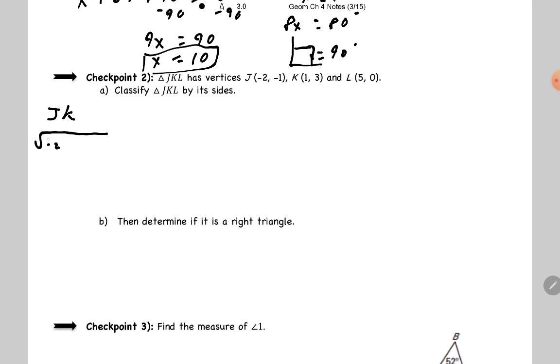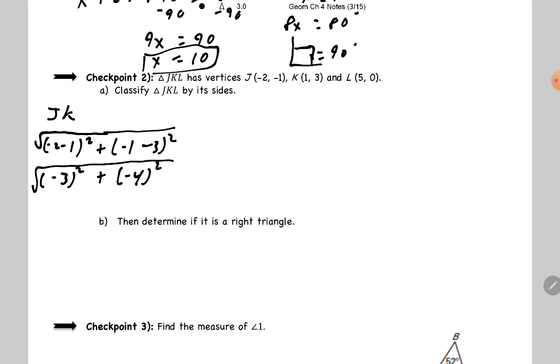So negative 2 minus 1 squared plus negative 1 minus 3 squared. So we get negative 3 squared plus negative 4 squared. Nine plus 16 is the square root of 25. What times itself is 25, and that's 5.